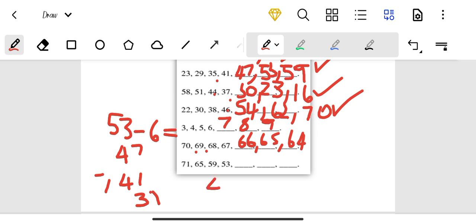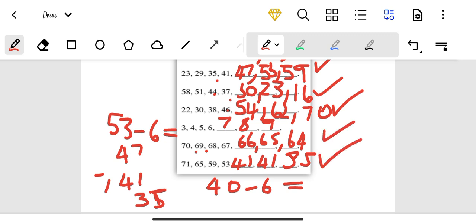Let me see, it's 40 minus 6, okay, it's 35. So it means it's 47, 41, and 35. And then you are done. I hope this made sense.